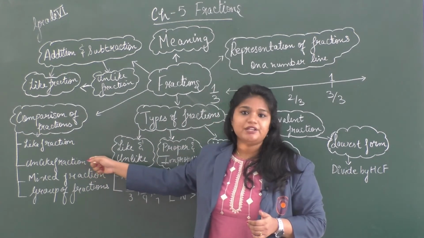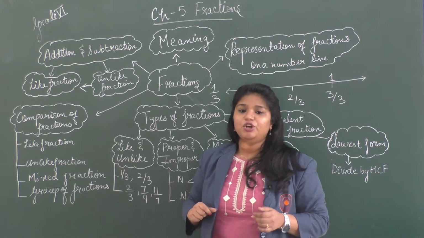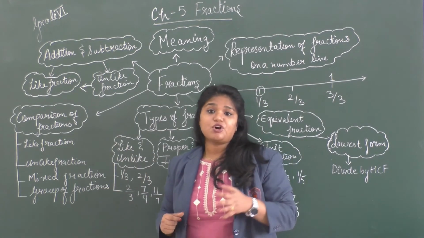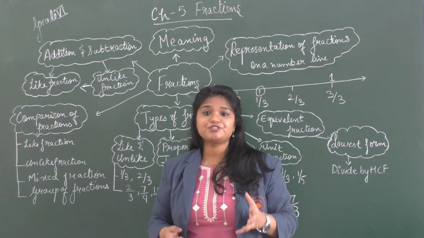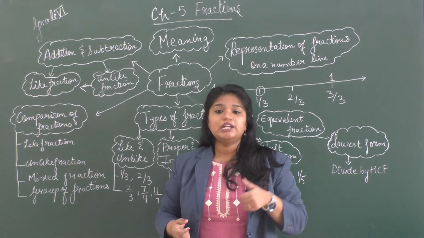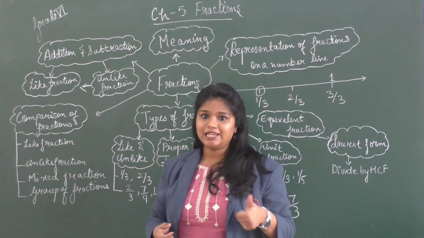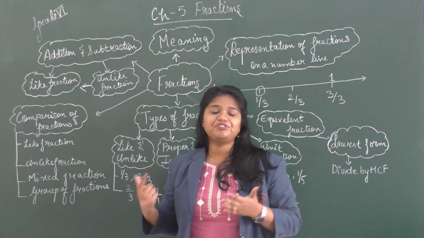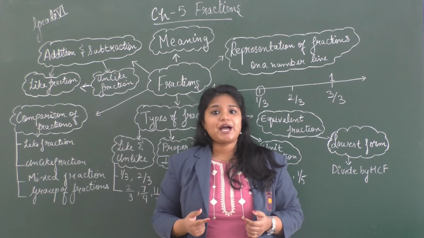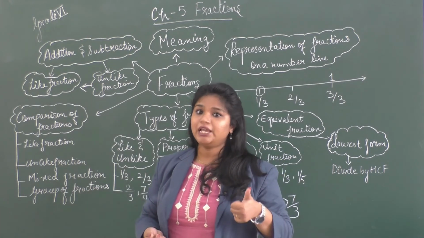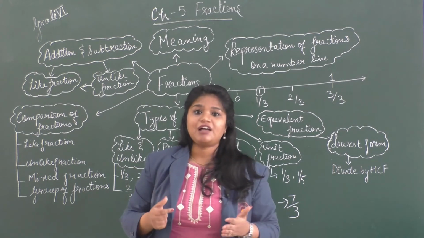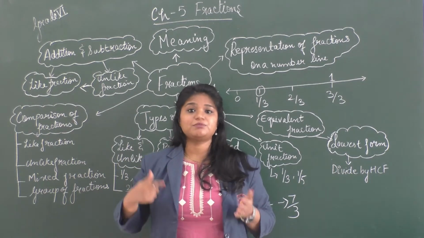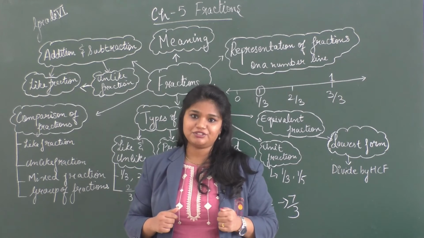Next we have comparison of unlike fractions. We learned comparison of unlike fractions with different denominators and same numerators, and with different numerators. For comparison of unlike fractions with same numerator and different denominator, the fraction having a smaller denominator becomes greater than the other fraction.